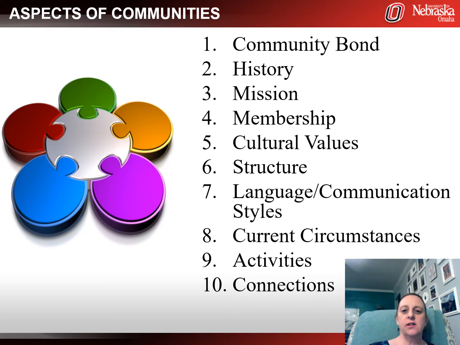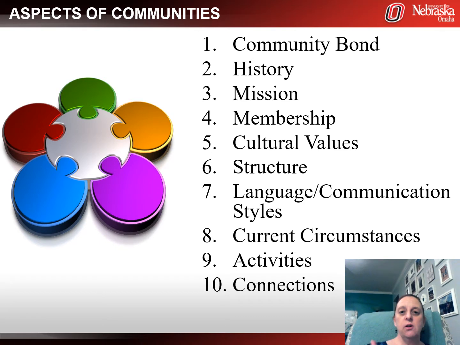Having similar experiences in a certain period of time, experiencing those things together, creates a shared history, which helps create and build and nurture those community bonds and helps define a community as a whole.